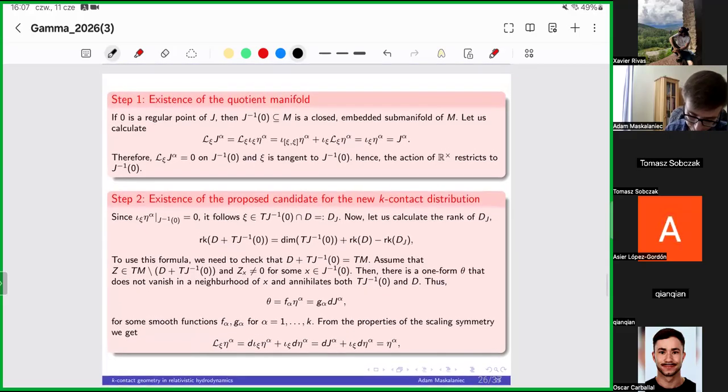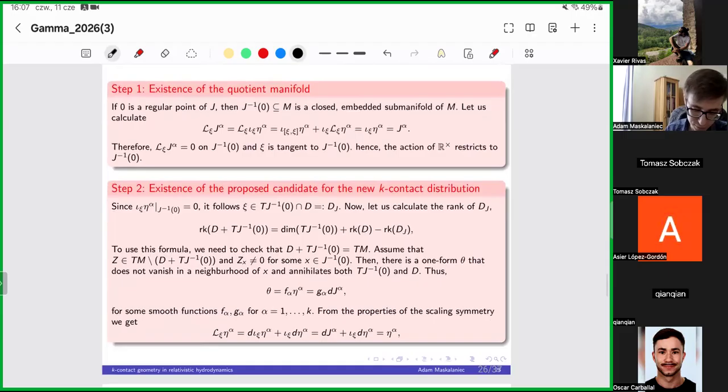So later, if we would like to have a k-contact distribution, this distribution has to have a certain dimension, namely the dimension of our reduced manifold minus k.